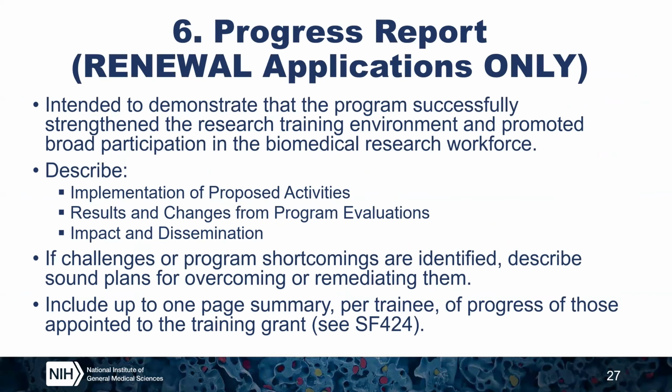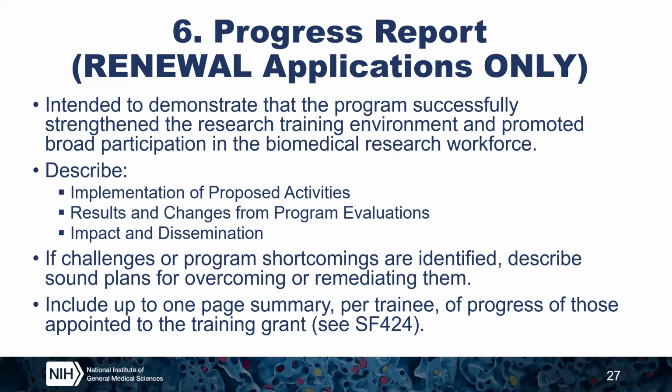Renewal applications require a progress report. The progress report is intended to demonstrate that the program successfully strengthened the research training environment and promoted broad participation in the biomedical research workforce. You are to describe the implementation of proposed activities, results and changes from program evaluations, and the impact and dissemination.